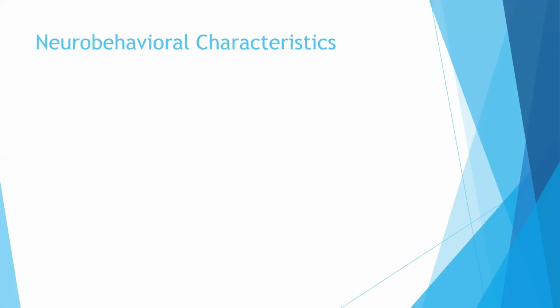Here we have the neurobehavioral characteristics of a person with aphasia. Main characteristic is anomia, word finding difficulties. And this is what the semantic feature analysis treatment approach is targeting. Next, we have errors in speech production, either very little or abundant speech.